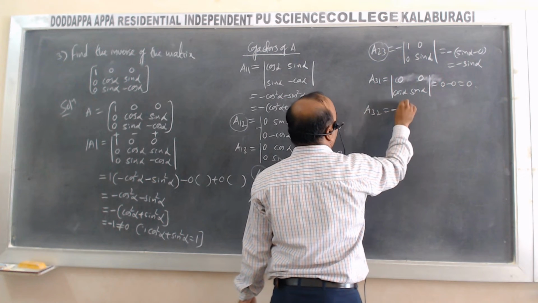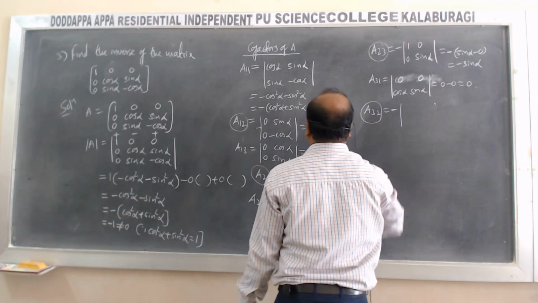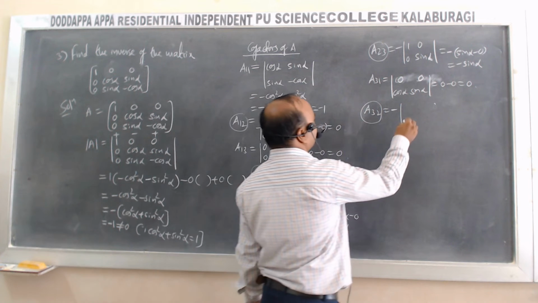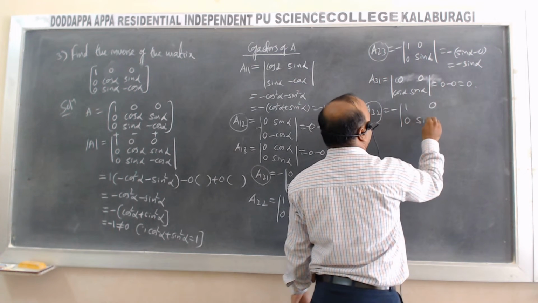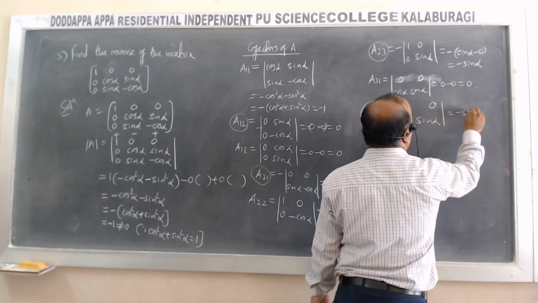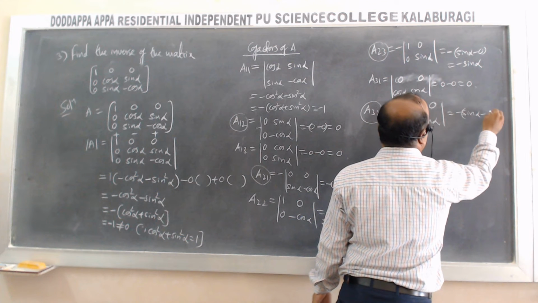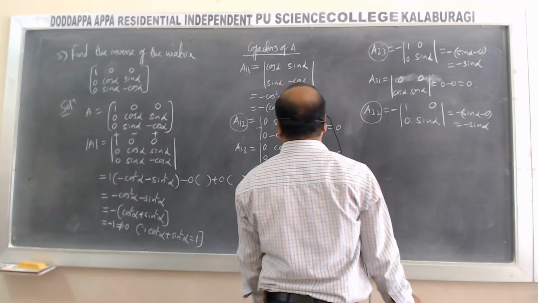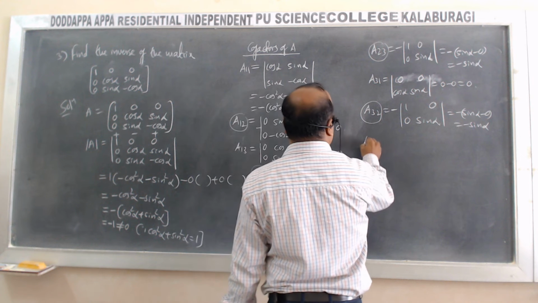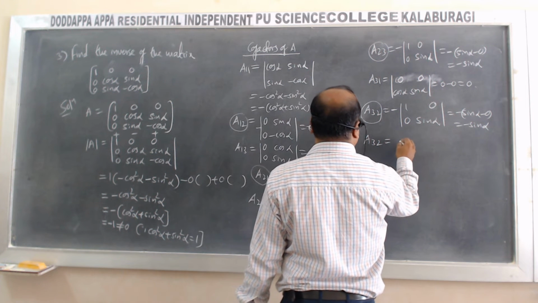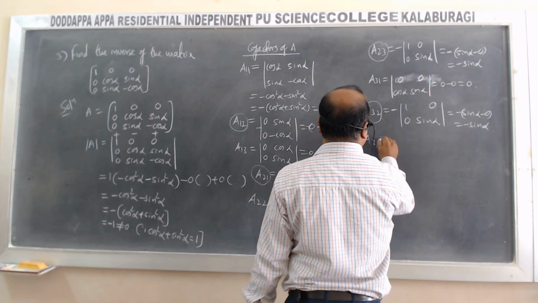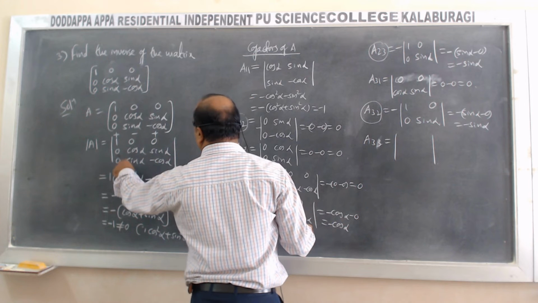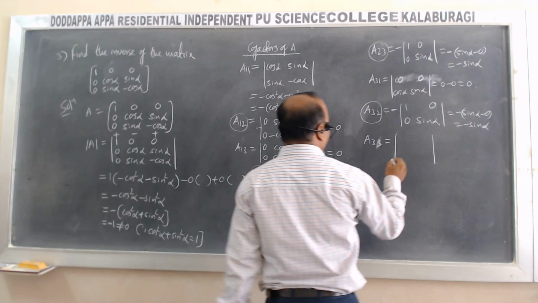Next A32, it is minus of the determinant because 3 plus 2 is an odd number, we get 1 0, 0 sin alpha. So again it is minus sin alpha minus 0, it is minus sin alpha. Now we go for the last cofactor, that is A33. It is the determinant obtained by deleting this row and this column, we get 1 0, 0 sin alpha.